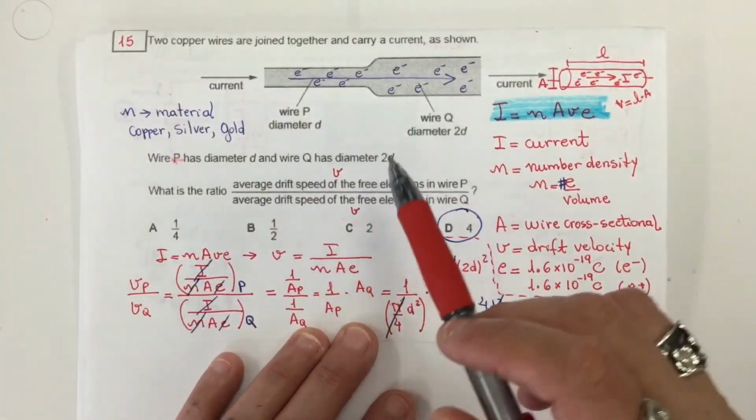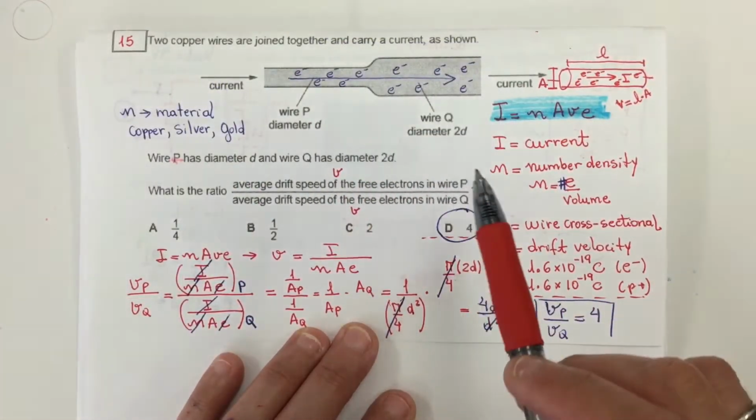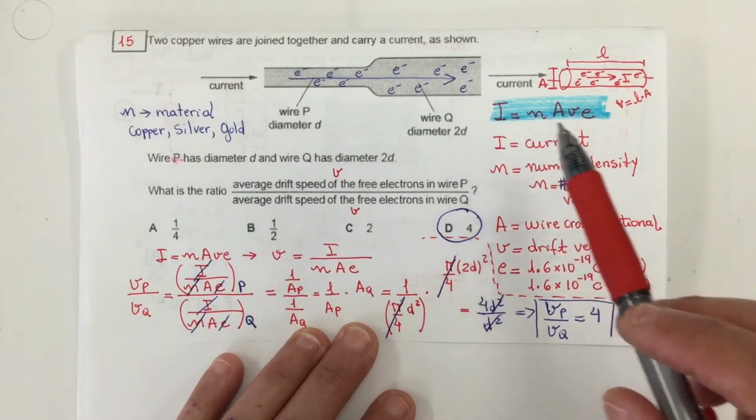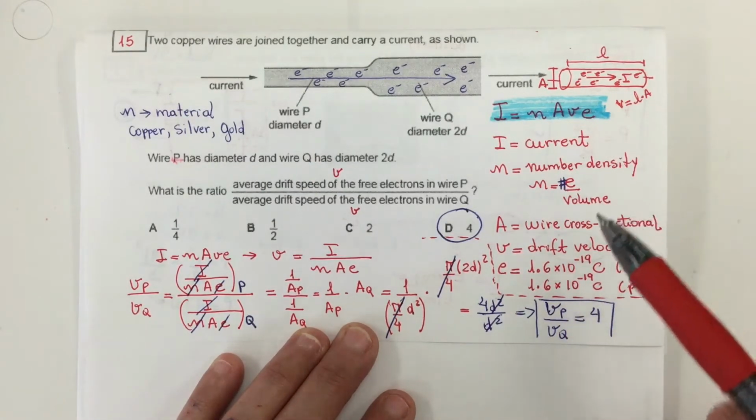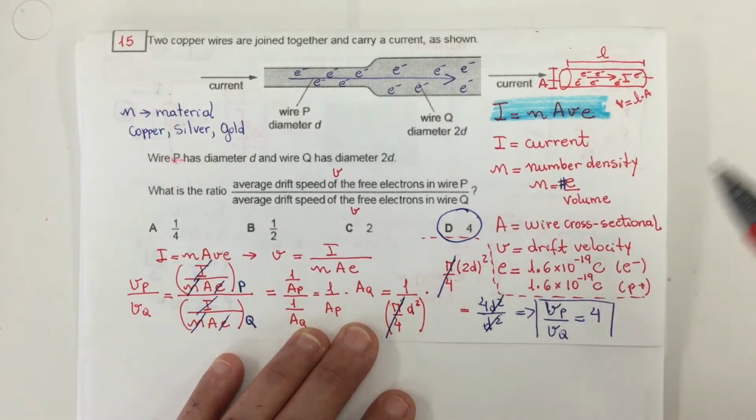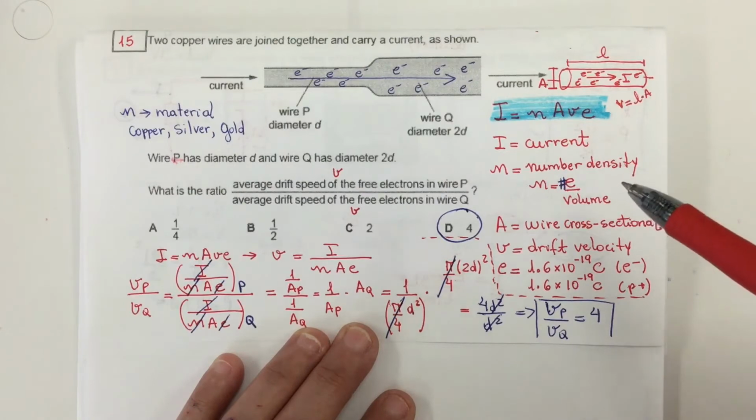So the overall idea of this problem is to understand the formula for current related to drift velocity, cross-sectional area of a wire, and the number density.